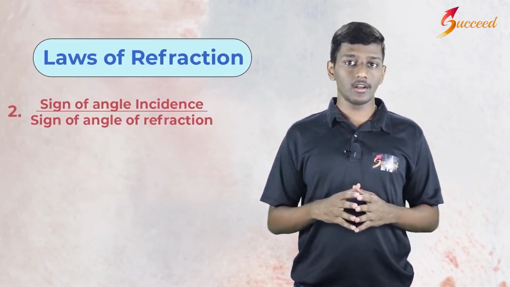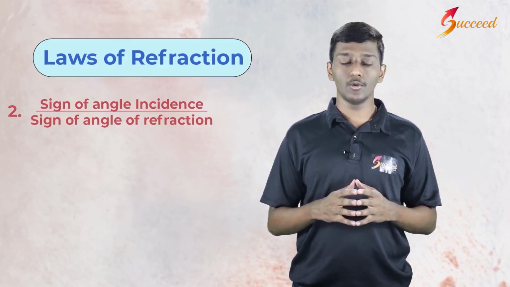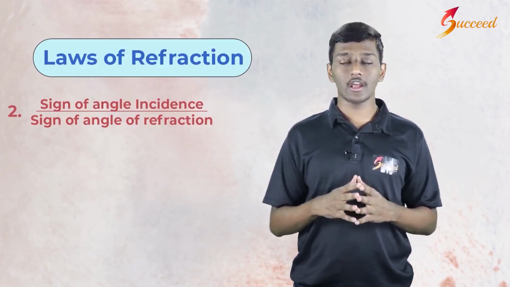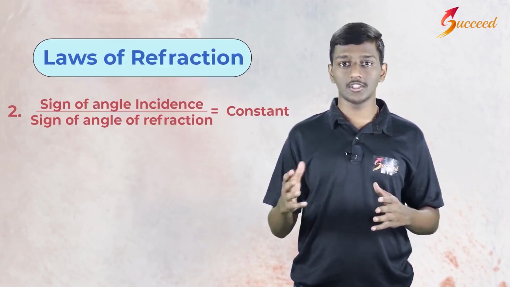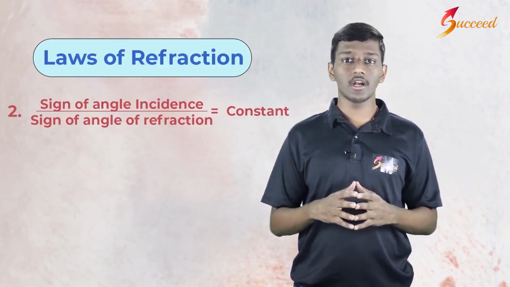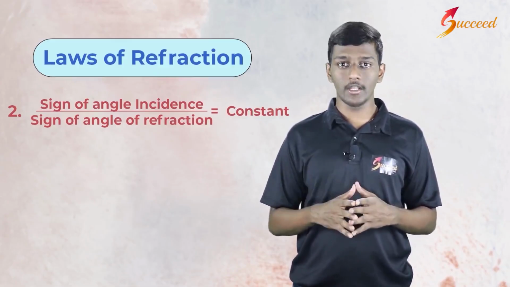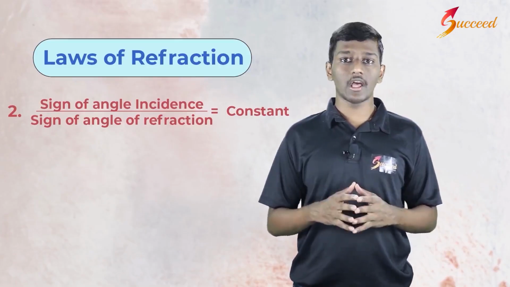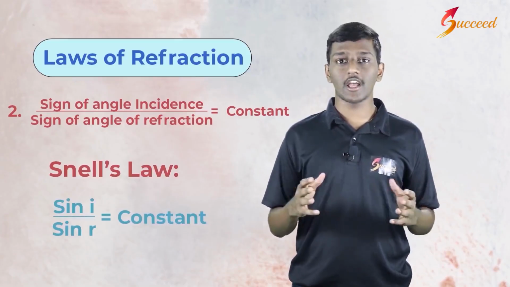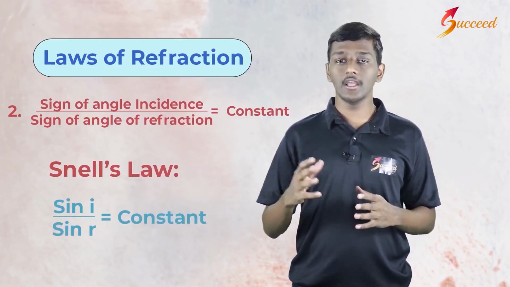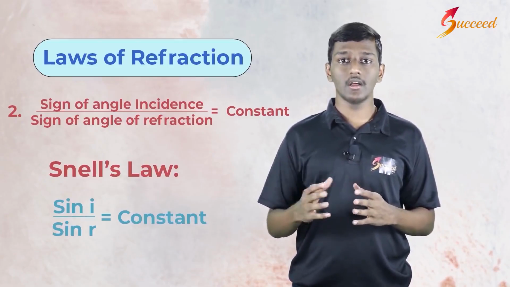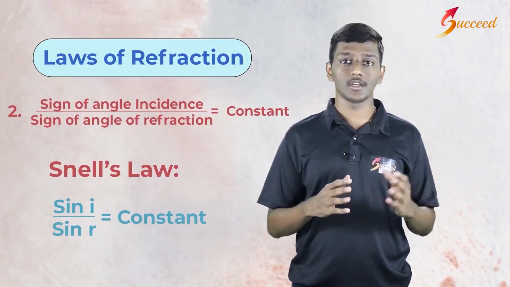The sine of angle of incidence divided by the sine of angle of refraction gives a constant for a given color of light and a pair of media. This is known as Snell's law of refraction. sin i by sin r is equal to a constant.